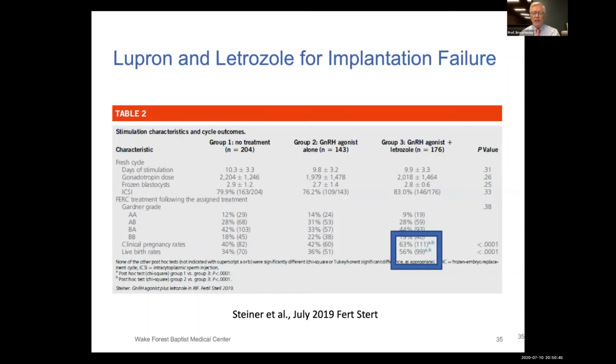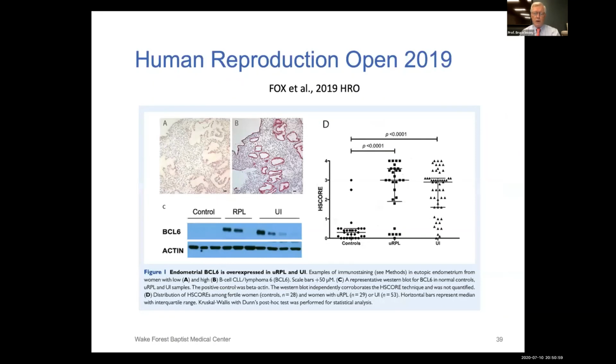And I think a lot of doctors in the US are now using the Receptiva DX test, and if the patients turn positive, are using this protocol before putting back frozen embryos. I would just add that we recently published in Human Reproduction Open that unexplained infertility and unexplained recurrent pregnancy loss seem to share the characteristic of endometriosis, that both groups have very high levels of BCL6.